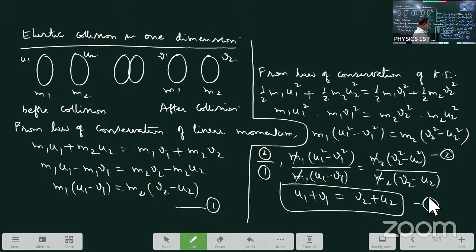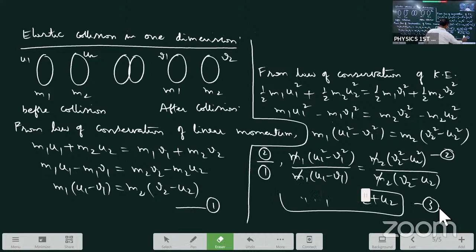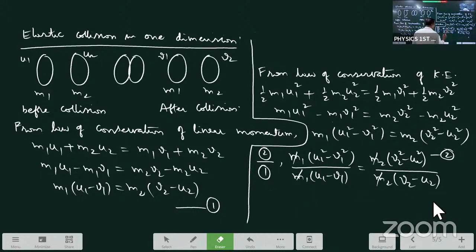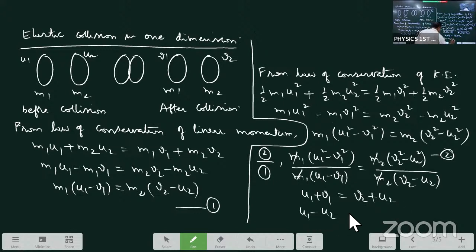Or otherwise you can make it into another form: u1 minus u2 is equal to v2 minus v1. Okay, maybe we can write it like that also. When you get this, that is u1 plus v1 is equal to v2 plus u2, then u1 minus u2 is equal to v2 minus v1.